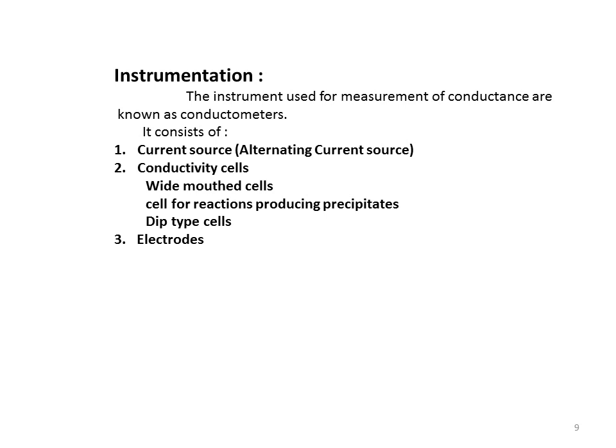Number 2, conductivity cells. In these conductivity cells, number 1 is wide mouthed cells, and we shall see how wide mouthed cells are used. Then second is cell for reactions producing precipitates, and dip type cells. Number 3 is electrodes.